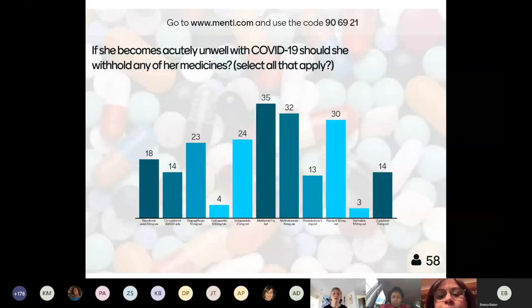So I asked you, if she becomes acutely unwell with COVID, should she withhold any of her medicines, the so-called sick day rules? What I thought was fascinating was that 60 people have answered this question to date, and somebody would have thought that each of the drugs she was on should have been withheld.